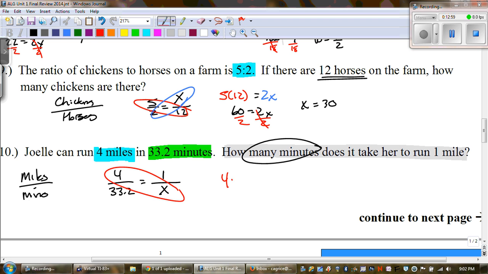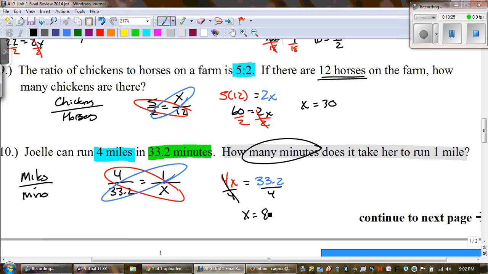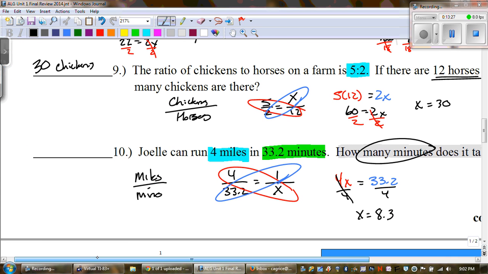So cross multiply, we get 4x equaling 1 times 33.2 is 33.2. So divide both sides by 4 because we want to get the x by itself. And we get x equals, let's do this together, 33.2 divided by 4 equals 8.3. So we're talking about 8.3 minutes, okay? Remember, we have to label our answers.